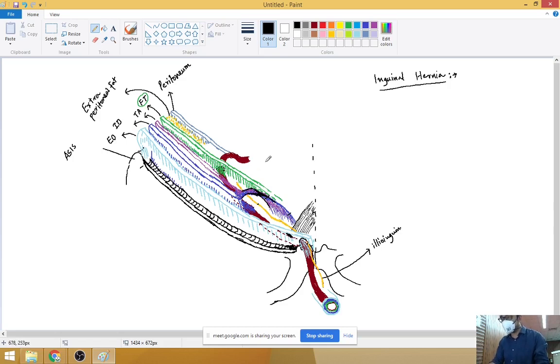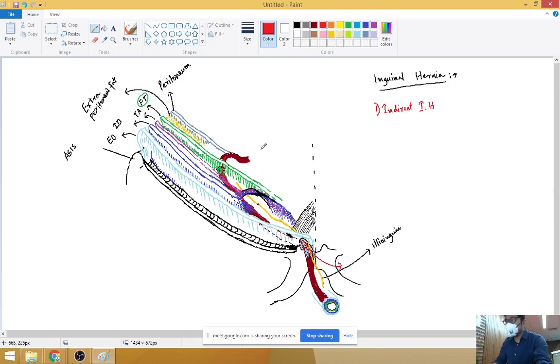So you see, in the inguinal hernia, the contents enter through the deep inguinal ring and come out through the superficial inguinal ring, traveling all throughout this. When this happens, this is known as the indirect inguinal hernia.